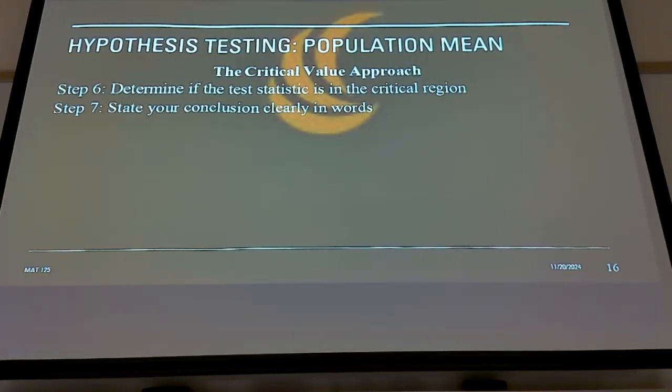It is the stating of the conclusion that most students get wrong. So let's say that our test statistic does not fall in the rejection region. That means we're not rejecting H0, the null. You would say there's not enough evidence to reject, and then whatever the null hypothesis is.